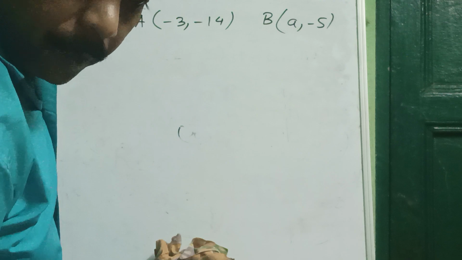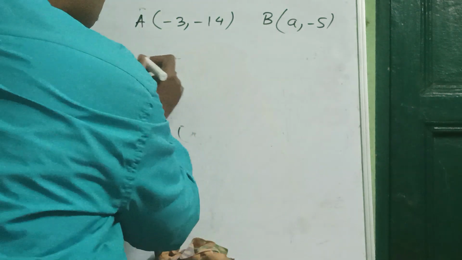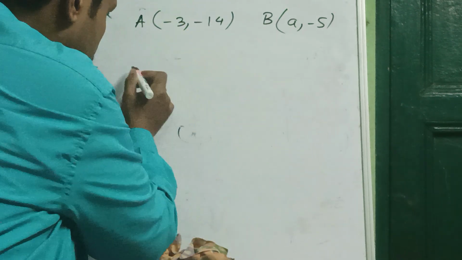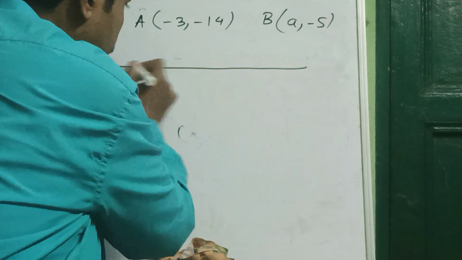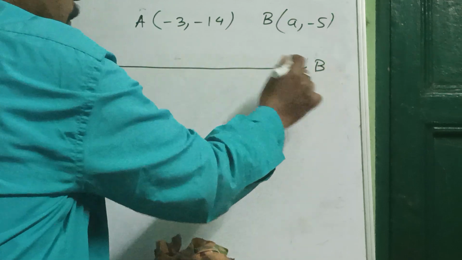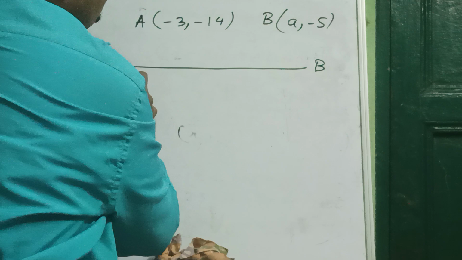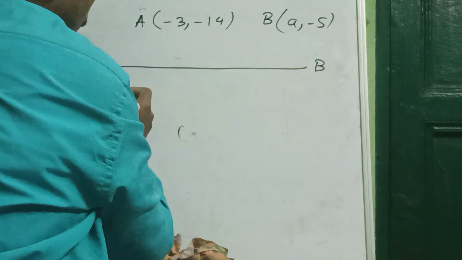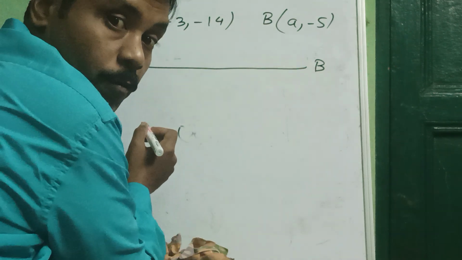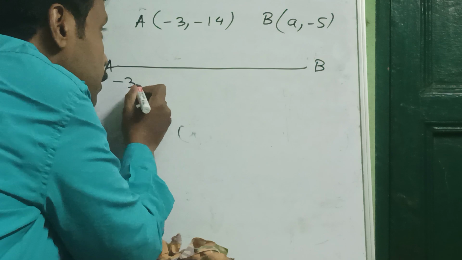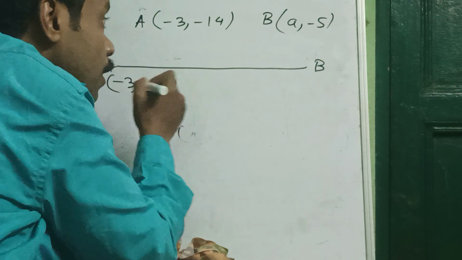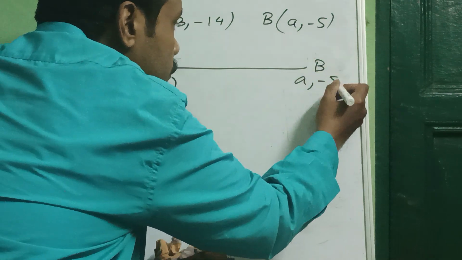Find the value of a if the distance between these points, take this simply as A and B. This is the linear line. A and B are 2 points, and the coordinate of A is minus 3 comma minus 14, and B is a comma minus 5.